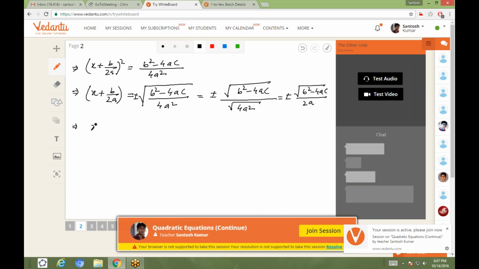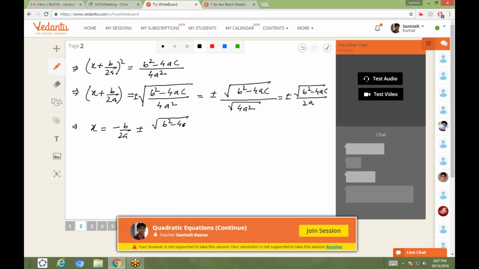Yes, sir. So now x will be equal to minus b divided by 2a plus minus square root of b square minus 4ac divided by 2a. Since the denominator is equal, we can take LCM as 2a, and finally we'll get minus b plus minus square root of b square minus 4ac, whole divided by 2a. So this is the solution of x. Because of this plus and minus sign, we will have two solutions of x.